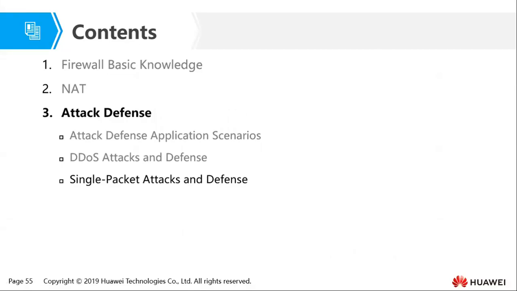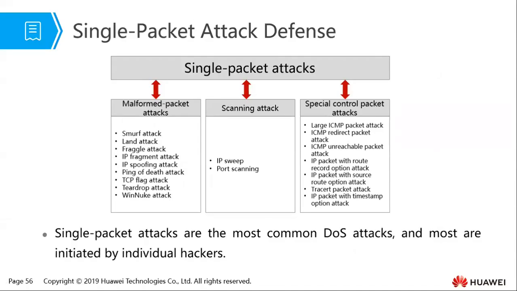Other than distributed denial of service attacks, we also have single packet attacks. Single packet attacks are the most common attacks, and most are initiated by individuals. Some of them include malformed packets, like the IP smurf attack that we just looked at in the previous topic.